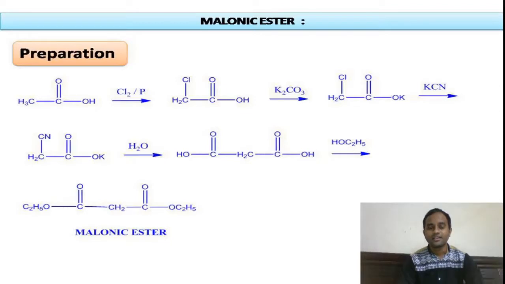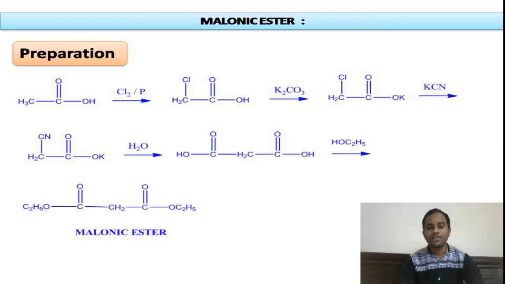Right? This is the important compound from which we can easily prepare the malonic ester. Our malonic ester can be easily synthesized by exposing the potassium salt of cyanoacetic acid to dry hydrochloric acid and water.